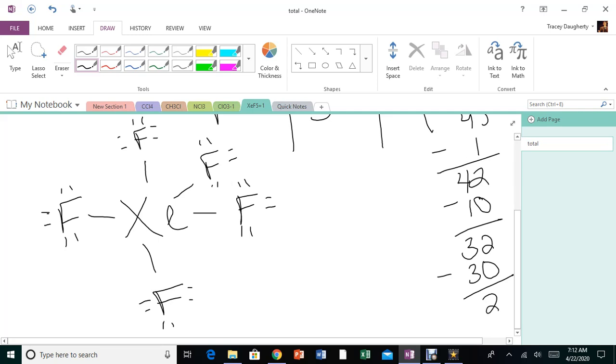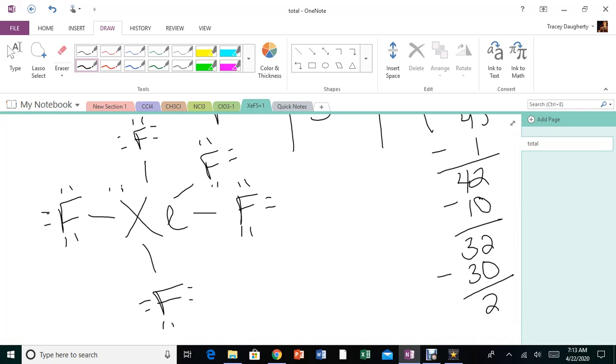So we have 2 valence electrons left over. Now it's no different than the previous 2 examples, where you have electrons left over, so you are going to put them on the Xe. So 2 valence electrons around the Xe.